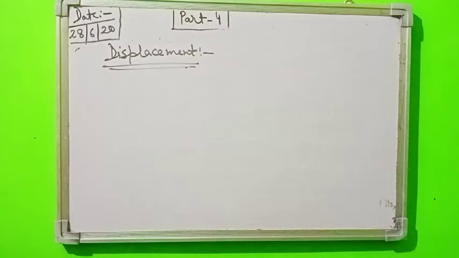Displacement is just like distance or path traveled, but the simple variation is that the direction is included with the path traveled. If direction is included with the path traveled, then that distance becomes displacement.